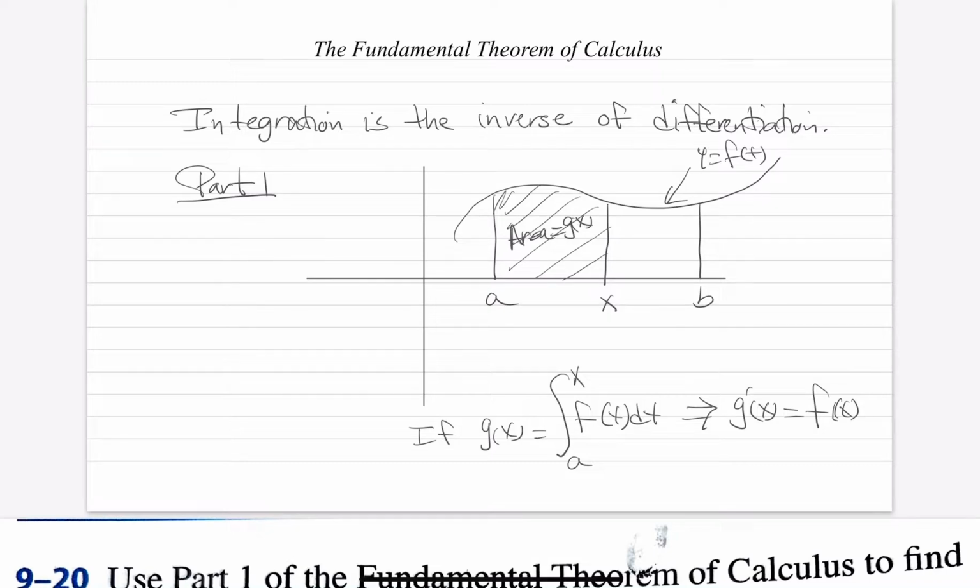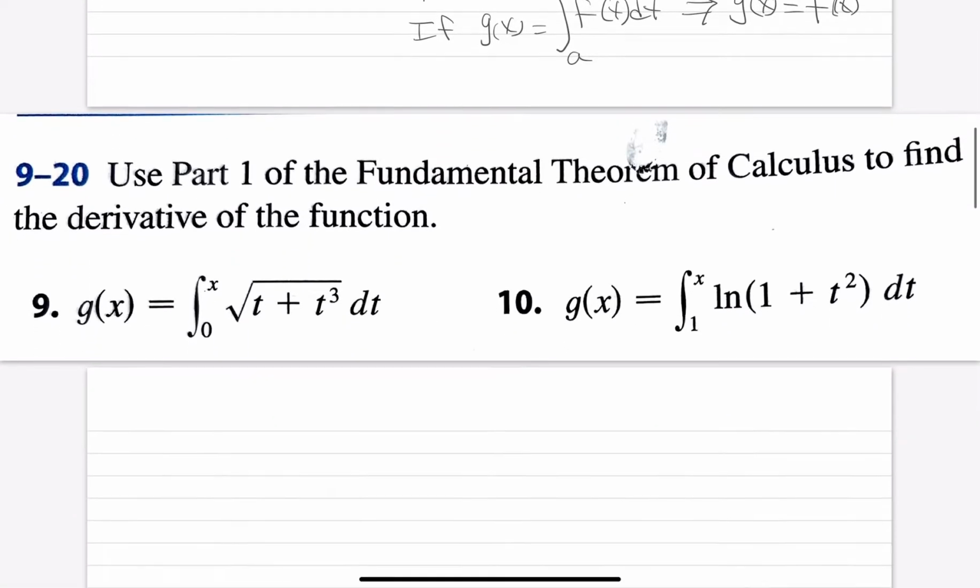All it's saying is that I need to plug in x for the t for this function.